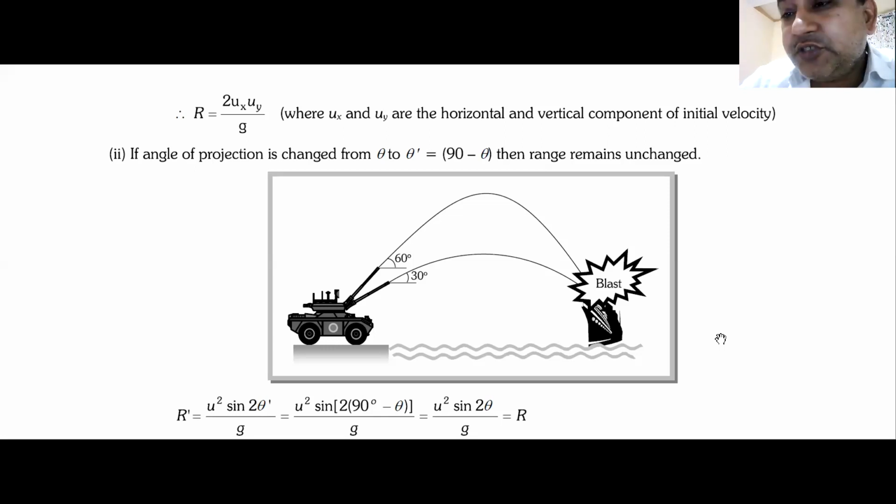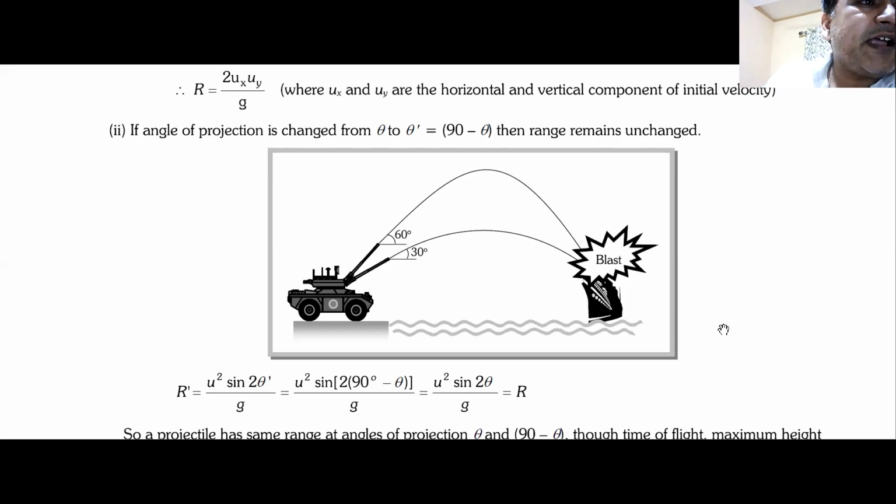This is what is shown in this note of yours. I hope you can see this note. In the first case, there is a small tank which is trying to blast a submarine or a ship. In the first case, the angle is 30 degrees. In the second case, same velocity, but the angle is 60 degrees. For 60 degrees, it goes to a higher maximum height.